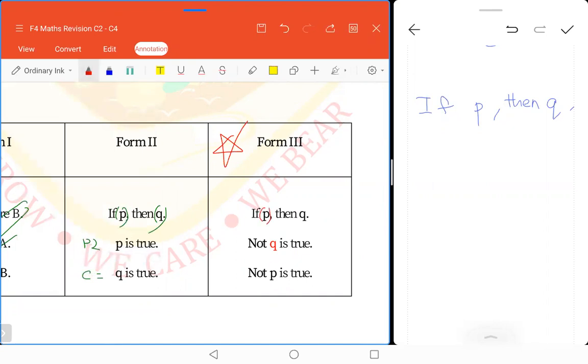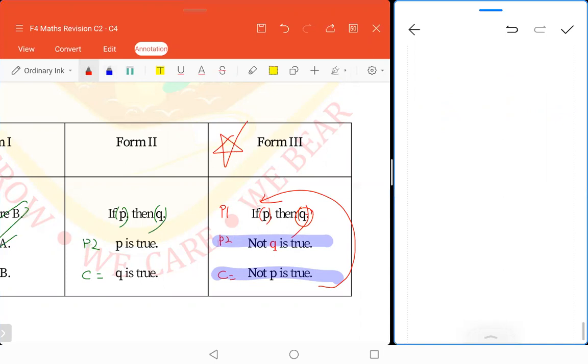If P, then Q. Premise 2: Q is not true. Then P is not true. So this type has to be careful. Sometimes the questions will give you premise 2 and the conclusion, and you need to write back premise 1. So when you write back premise 1, remember to bring this over first.